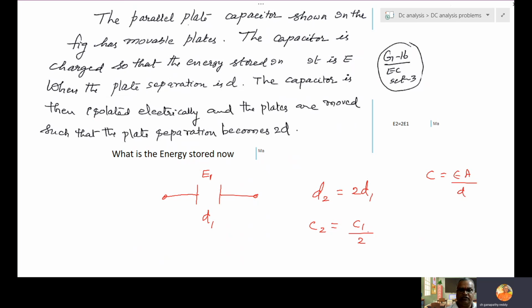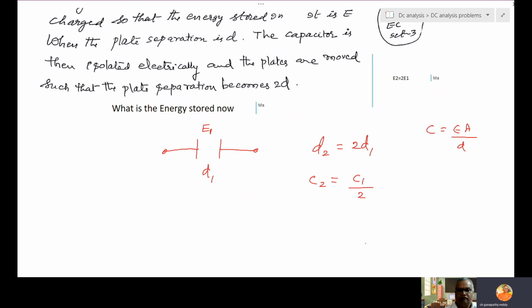So C2 equals C1 by 2. When the capacitance is reducing, what will happen to V2? It will be double V1. So what is energy E2 now? Half C2 V2 square, half into C1 by 2 into V1 square.